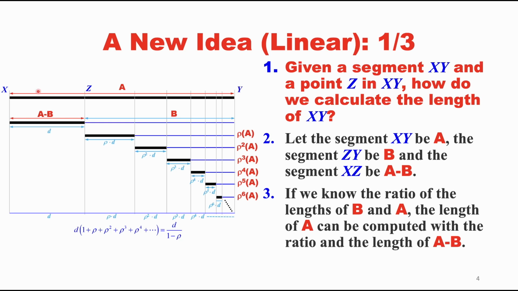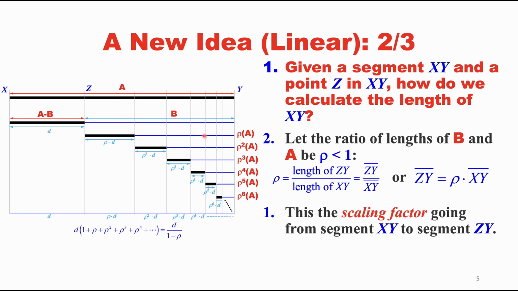For convenience, let's say XY is named as A. XZ is named as A minus B, where B is the length from Z to Y. If we know the ratio of B over A, the length of A can be computed with the ratio and the length of A minus B. Of course, what are known includes the length of A minus B and the ratio of B over A.